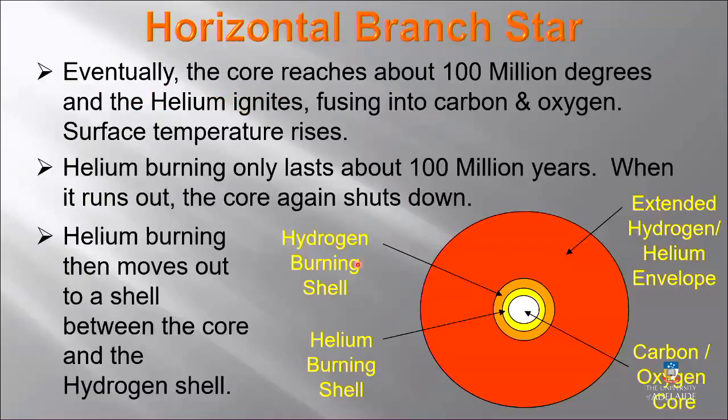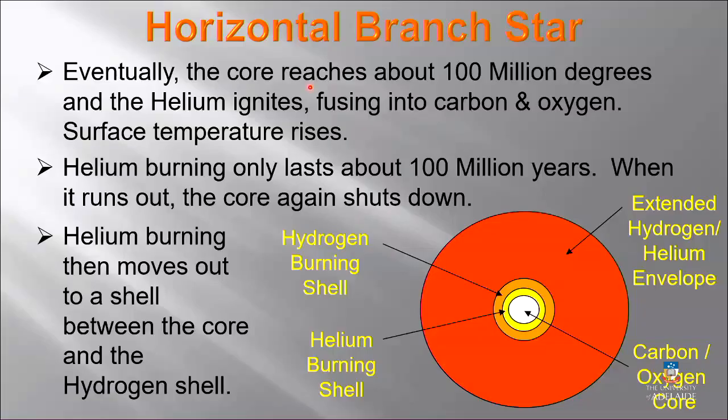Now eventually, the helium core, under the constant gravitational contraction, reaches about 100 million degrees. And this is the ignition point of helium. At this point, the helium starts to fuse into carbon and oxygen, and surface temperatures begin to rise again.